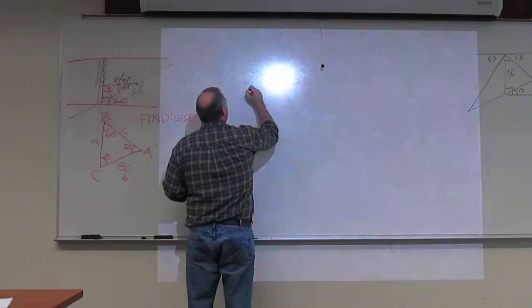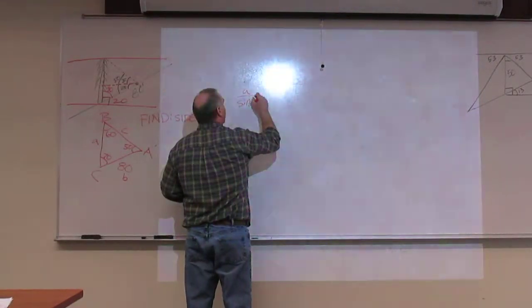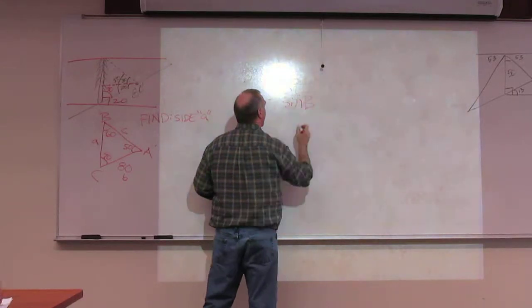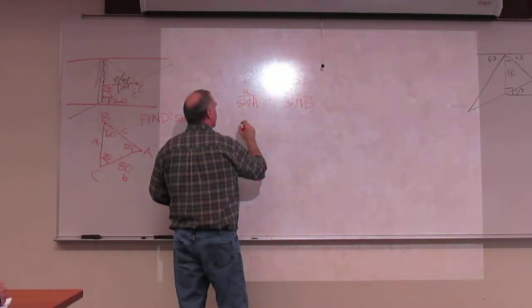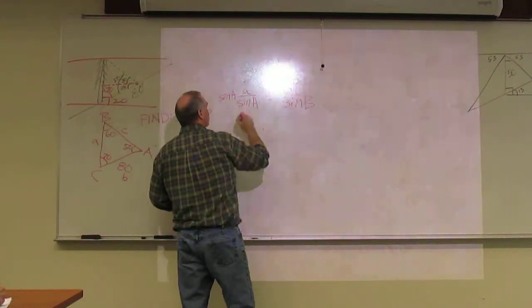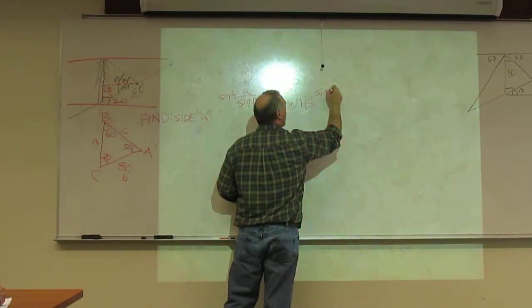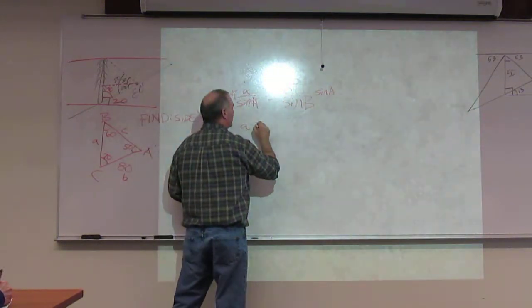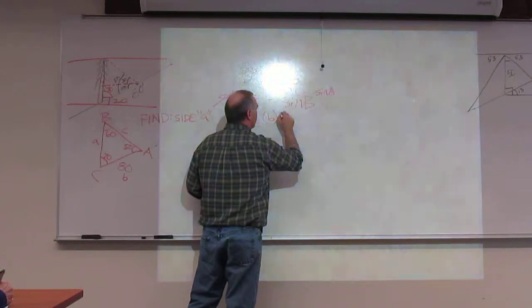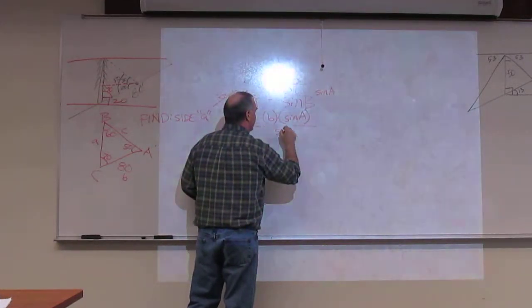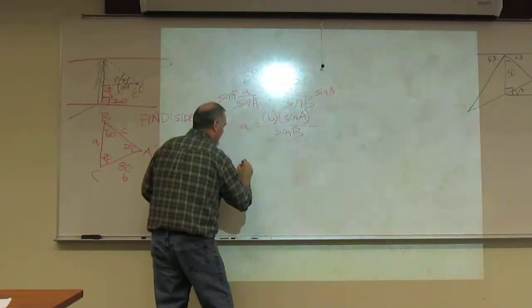So this is going to be A over sine A is equal to B over sine B. Need to isolate A. So let's get rid of sine A. This goes to 1. I'm left with A is equal to B times sine A over sine B. Let's plug in our numbers.